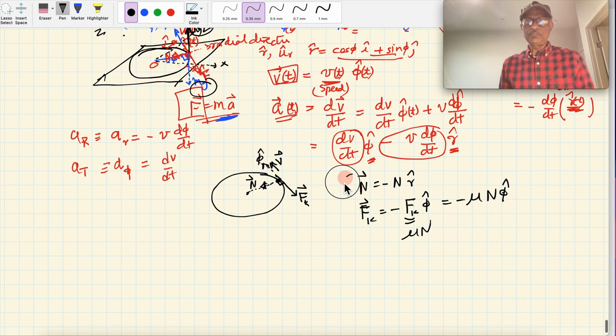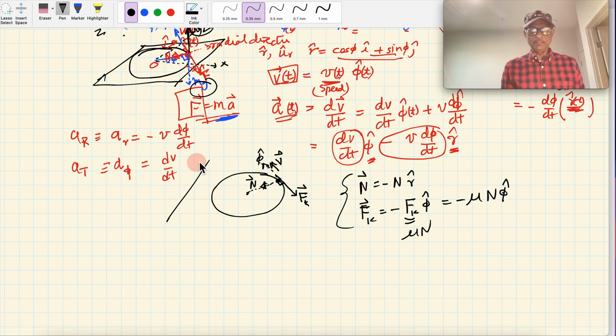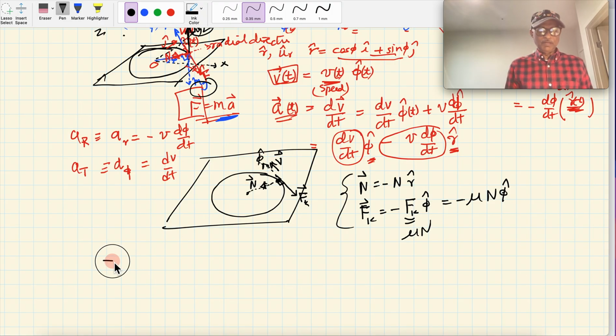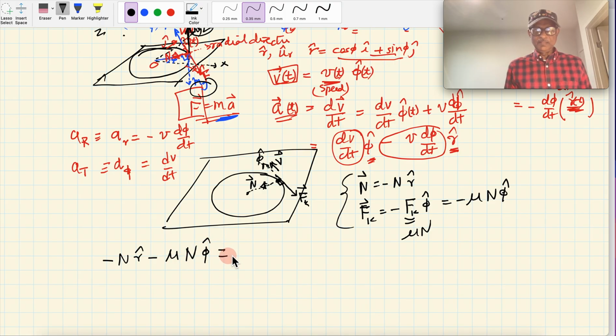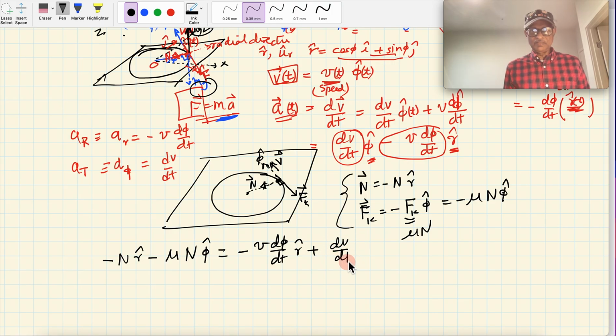So these are two forces in the plane of the table, and they must equal ma. So minus n r hat minus mu n phi hat equals minus v d phi dt r hat plus dv dt phi hat, the whole thing multiplied by mass m.